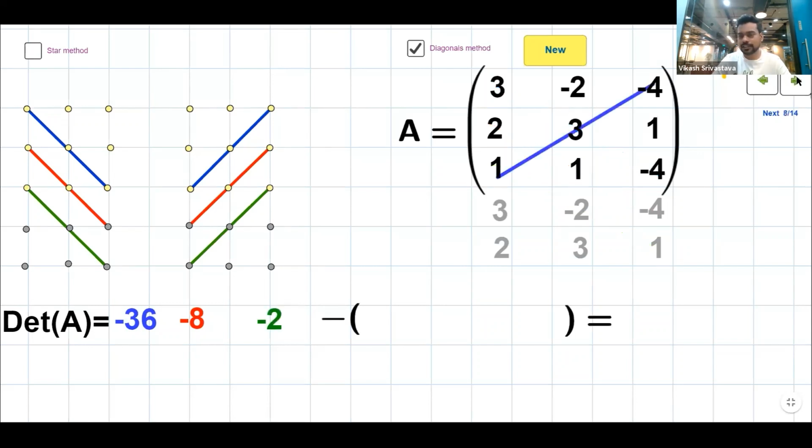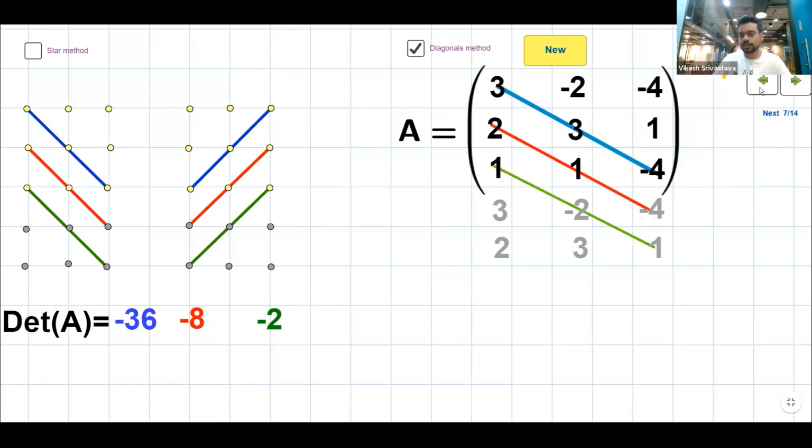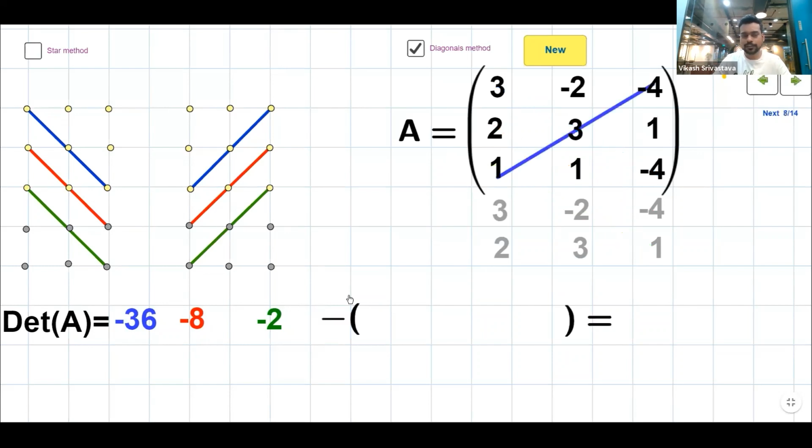Now we look in this other direction. 1 into 3 into minus 4. We multiplied in this fashion and stored them together. Now we'll add a minus sign here, and everything we get, we'll write in brackets. 1 into 3 into minus 4 is minus 12, then 3 into 1 into 1 is again 3, and then 2 into minus 4 is again plus 16.